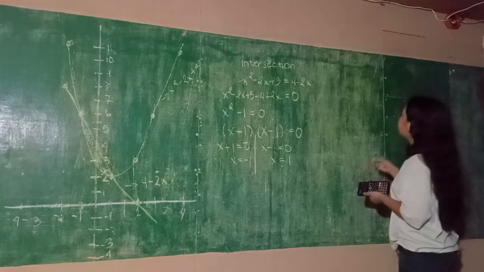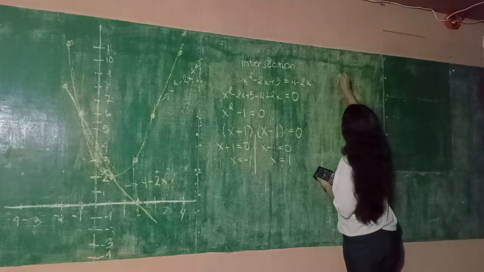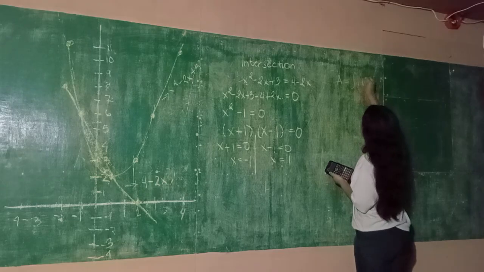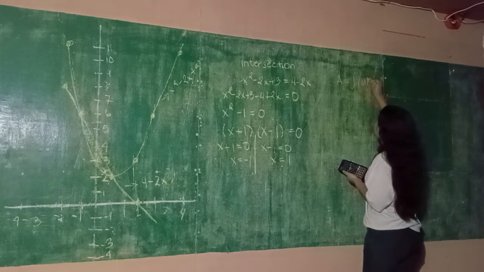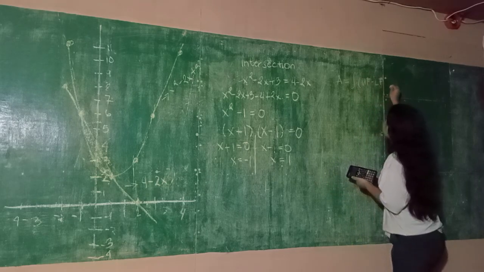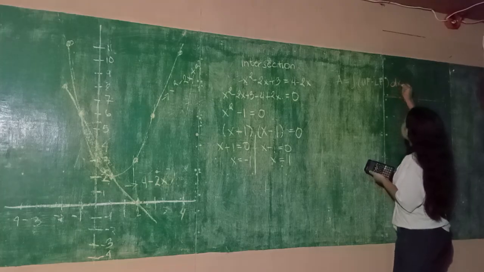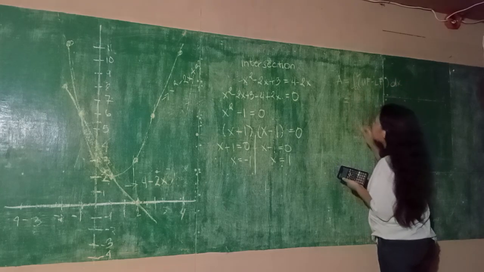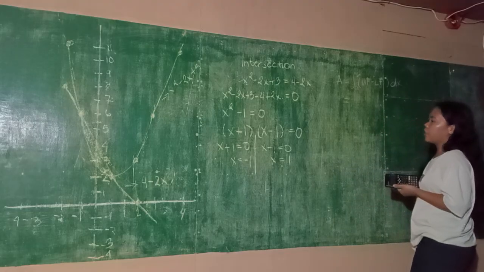And we're going to use the formula a equal to integral of upper function minus the lower function dx integrated from a to b. And then we're going to substitute the upper and lower function.